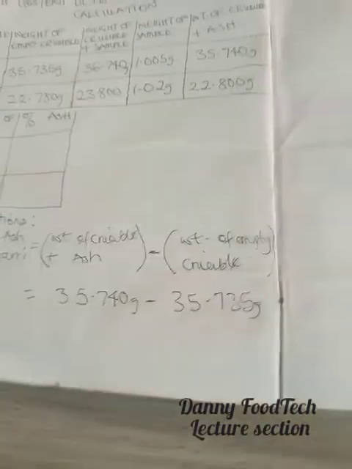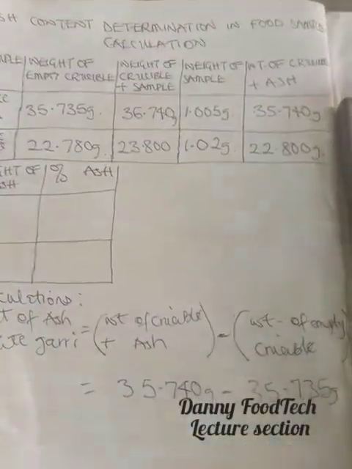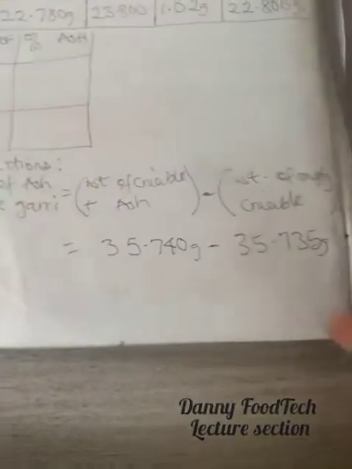Now the next thing we are going to do is subtract and know the weight of ash for white Gary.